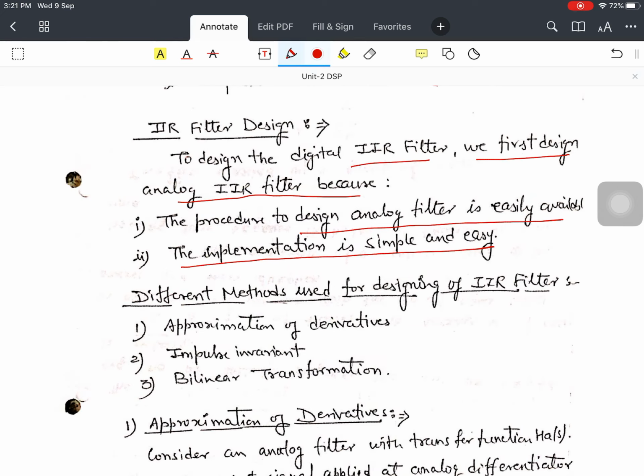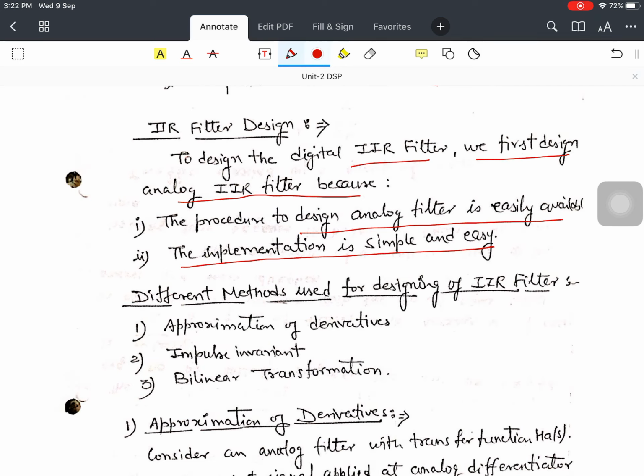When we design the analog IIR filters, after that we go towards the digital filter design for IIR systems, or you can say IIR filter design as a digital.